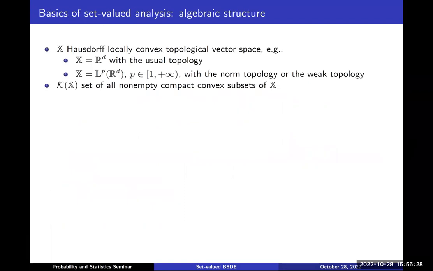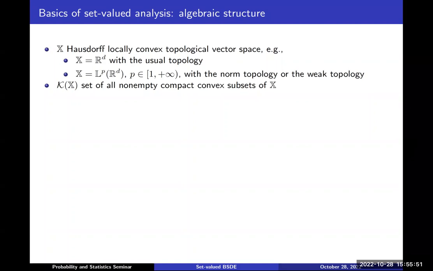Here's some abstract framework with which we can establish the ground. Let's say we have some nice topological vector space X. Most of the time it will be just R^d or some L^p space of random vectors. We need to keep track of some important notation.